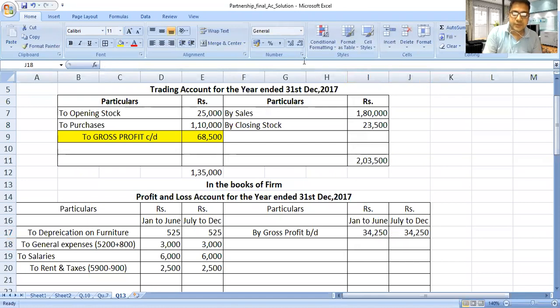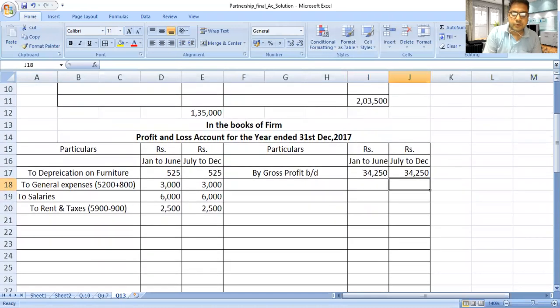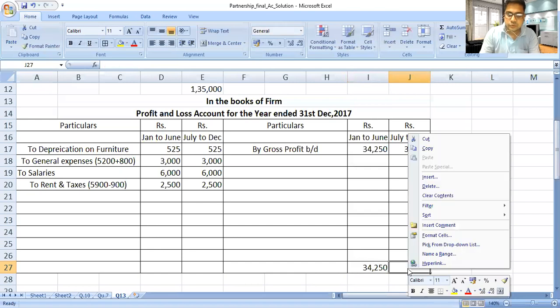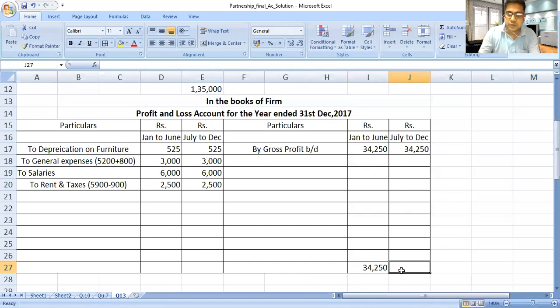So we recorded the gross profit. Now what do we have to do? We have to close this. Credit side total is 34,250. What about the debit side total?